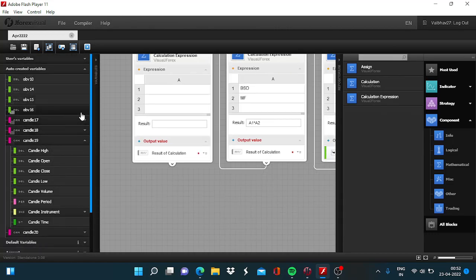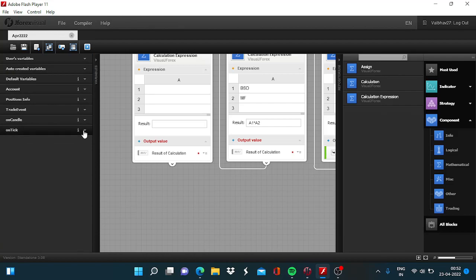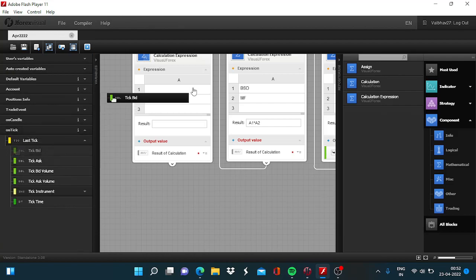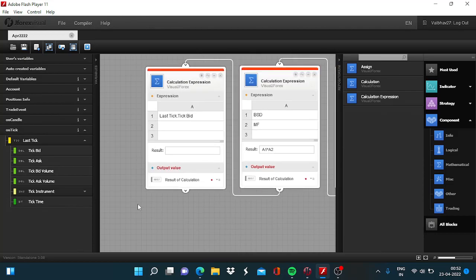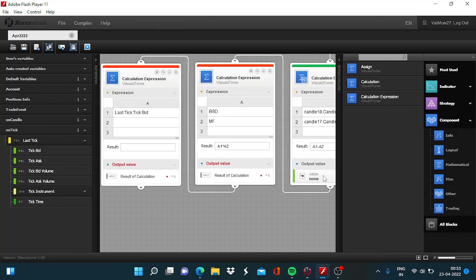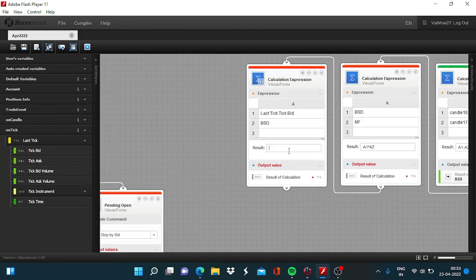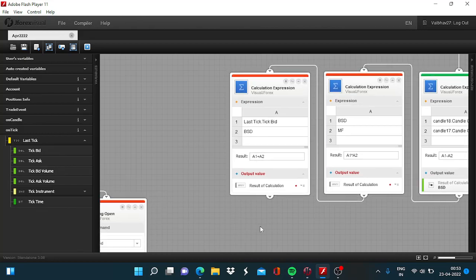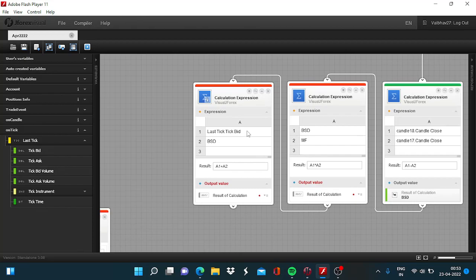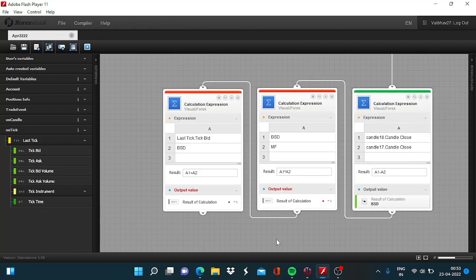Let's add last tick, tick bid, and to that we add the actual difference, and this will be A1 plus A2, okay.